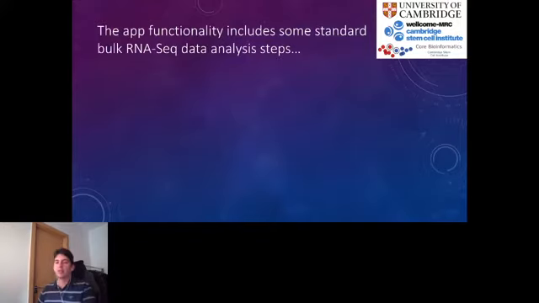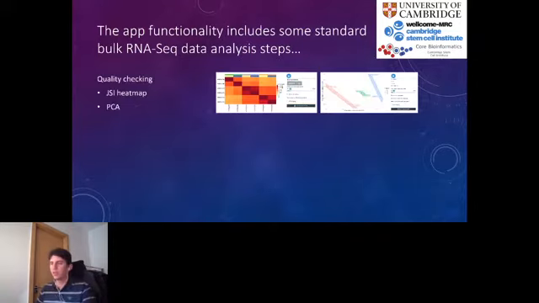So the app contains what we've experienced as the main steps of analysis that bulk RNA-seq are usually used in. So we start with some quality checks. We have some heat maps to understand the structure of your experiment, the principal component analysis, again, to see how your data groups together, if what you expected.